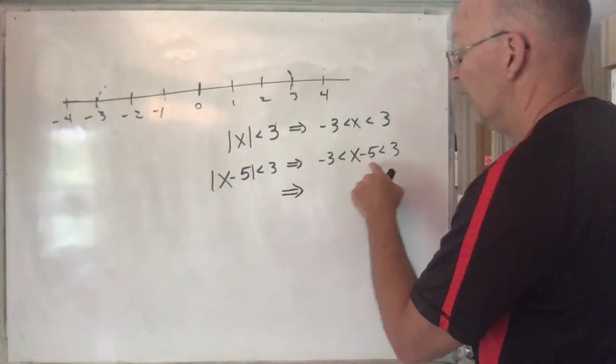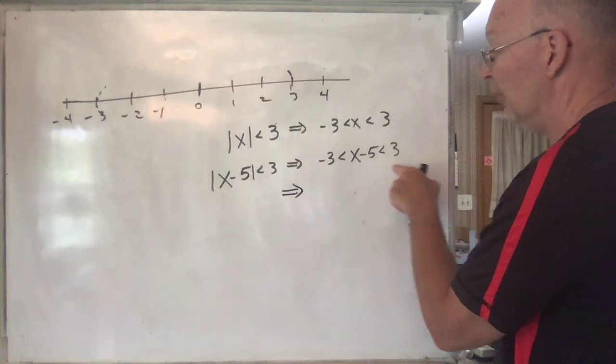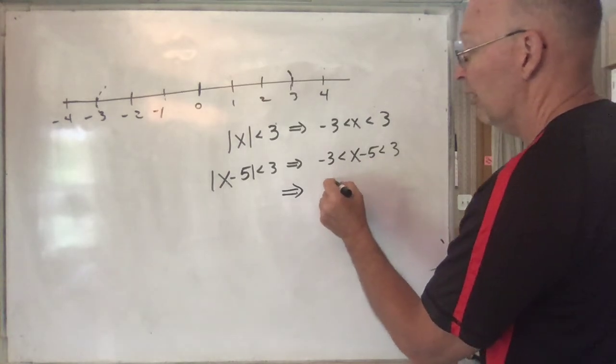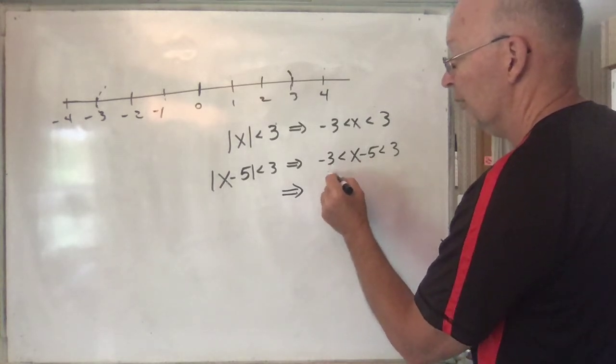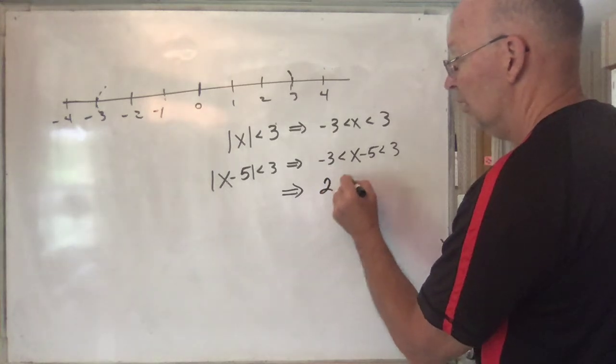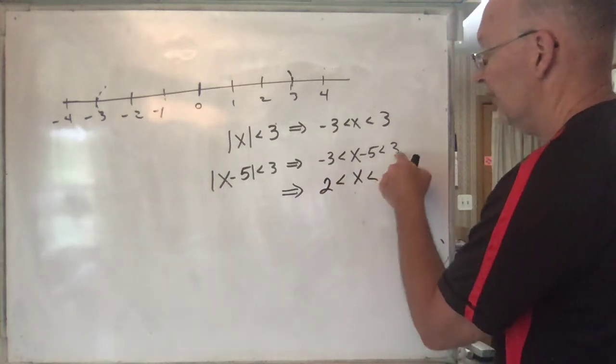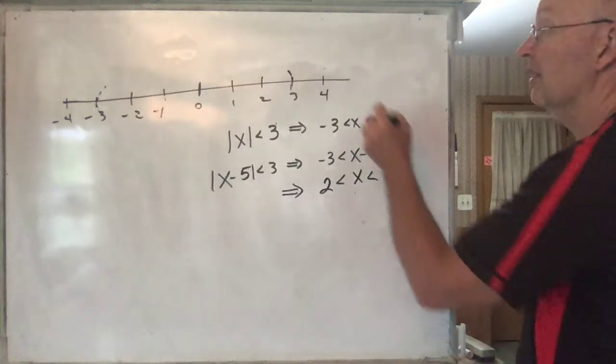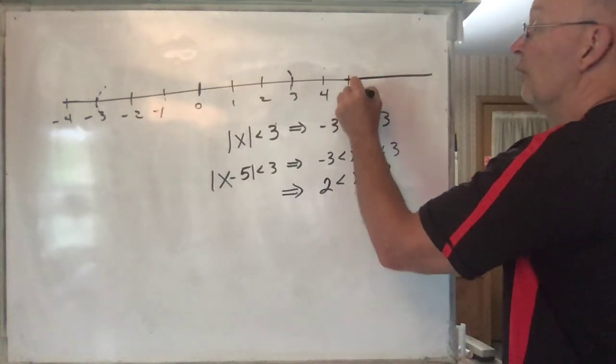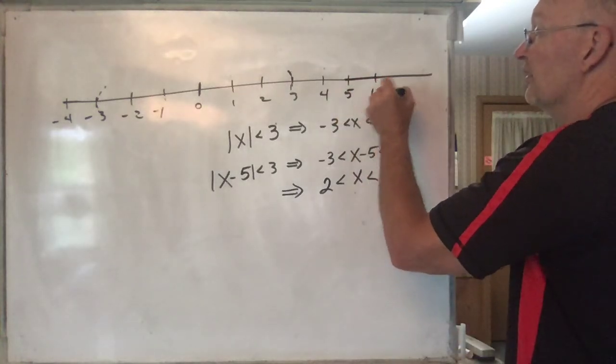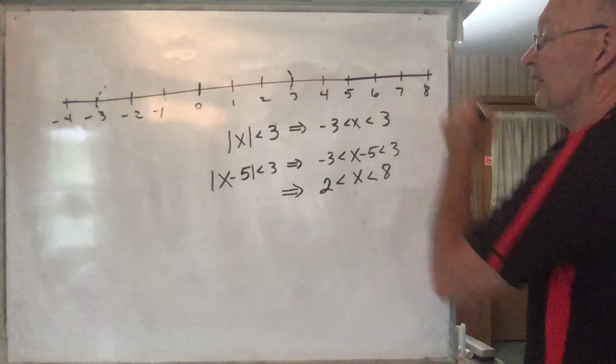And then, if you add 5 all the way along, you're going to get 5 plus -3 is going to be 2, less than x. Add 5 to this, you're going to get 8. So 4, 5, 6, 7, 8.